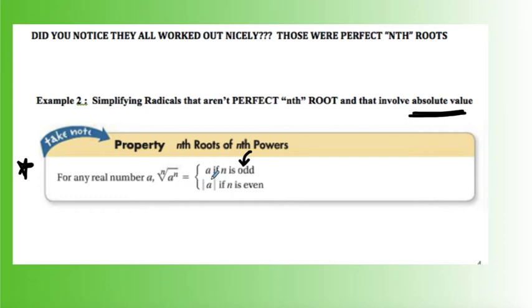So we don't have to worry about it. But if we take a number out when n is even, so this number is even and this number is even, whatever comes out has to be put in absolute value if it's odd. And I'm going to show you what I mean.